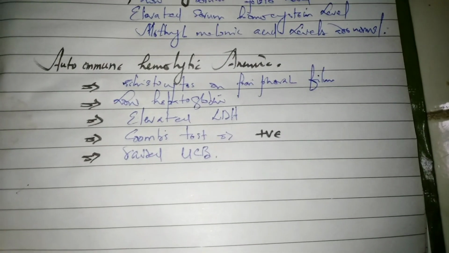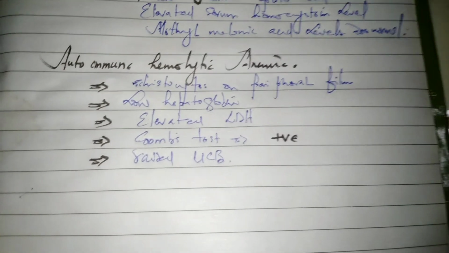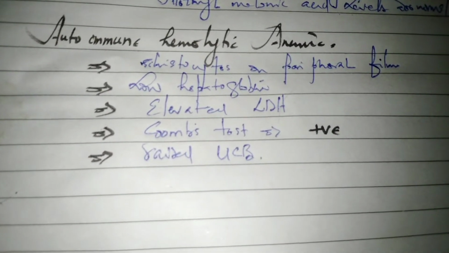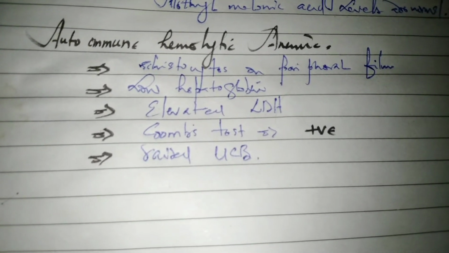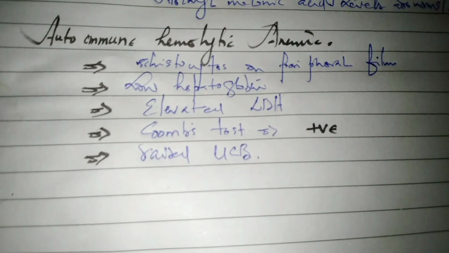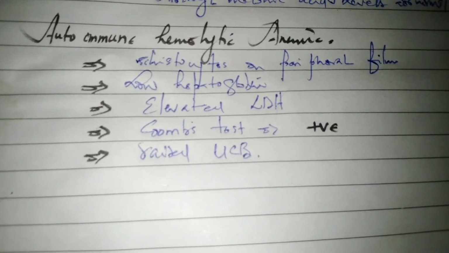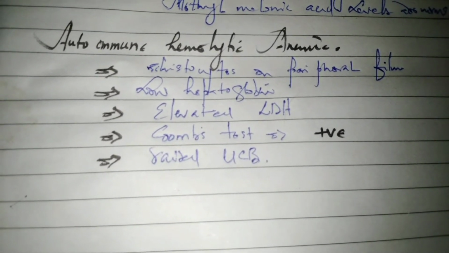Now autoimmune hemolytic anemia, on the peripheral film there will be schistocytes, low haptoglobin. Now why low haptoglobin? Haptoglobin is actually a protein that is formed by the liver. Whenever there is destruction of RBCs in the blood, bilirubin is released. Bilirubin itself is toxic.